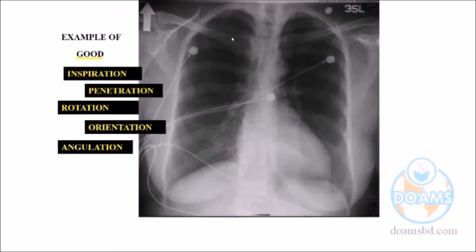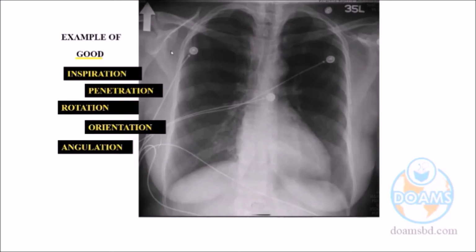Now, in summary, what will be the example of a good X-ray? The X-ray is done at the end of inspiration, and penetration is perfect. The vertebrae are hardly visible; this is normal penetration. There is no rotation, because the spinous process is in the middle between the clavicular ends.